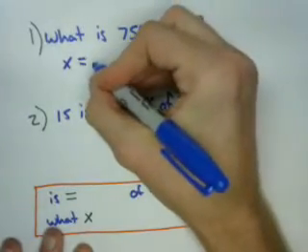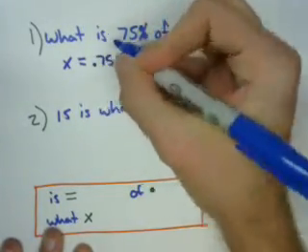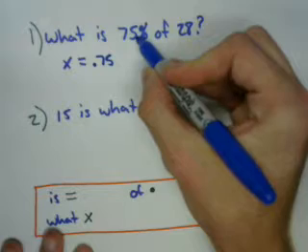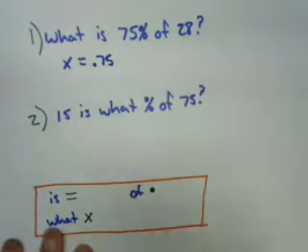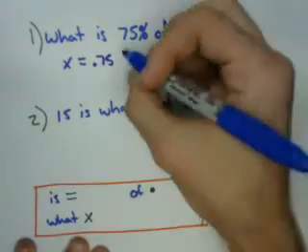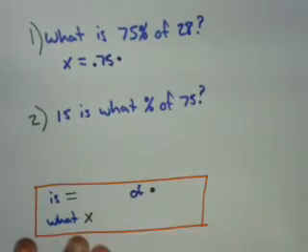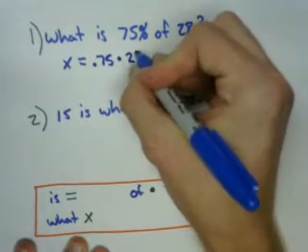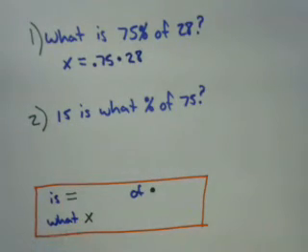I gotta say that is 0.75 instead of 75%, and I just got that by moving the decimal 2 spaces to the left. If there's confusion on that, please watch the video on how to change percents into decimals. Okay, well, the next word after 75% is of, so that is multiply, and then 28 is 28. So here we have x equals 0.75 times 28.